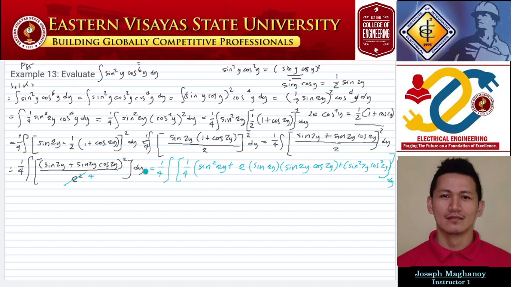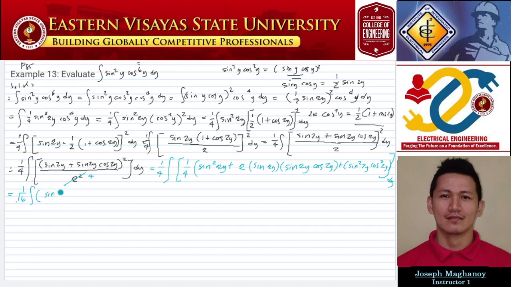So we simplify, we combine some common terms, and let this bracket 1/4, the real number constant, out. Okay, so 1/4 times 1/4, that is 1/16. So we combine some common terms.